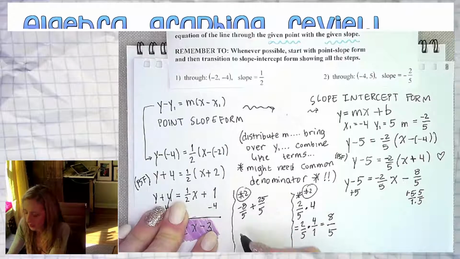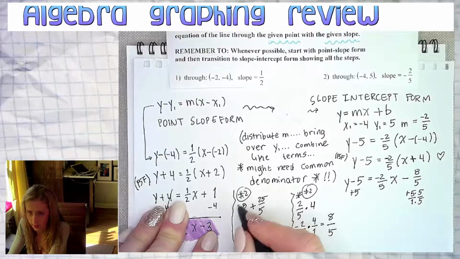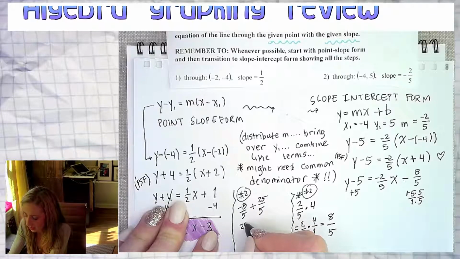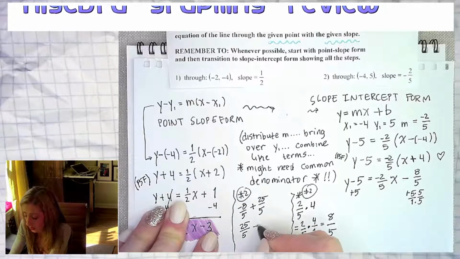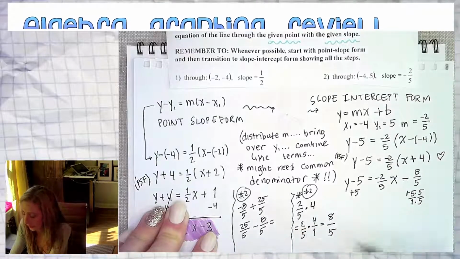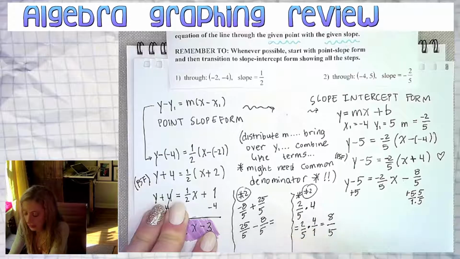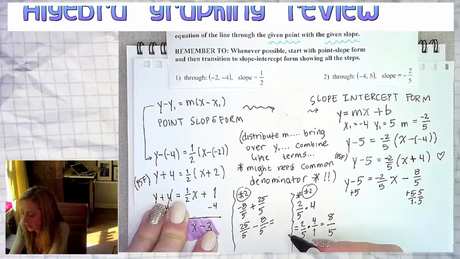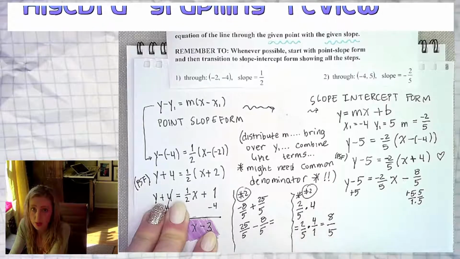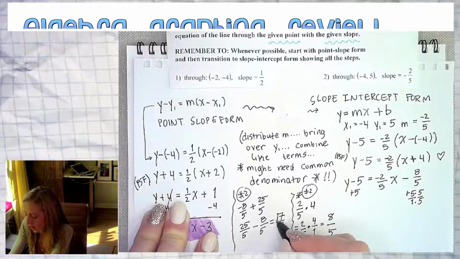If you struggle with positives and negatives, anytime I have a positive number with a negative like this, I think of it turned around. It's the same thing. That's called the commutative property. Don't grab your calculator. When I'm taking away 8 in my head, I take away 10. 25 take away 10 is 15, but then I add 2 back. So 16, 17. So I'm at 17 over 5.